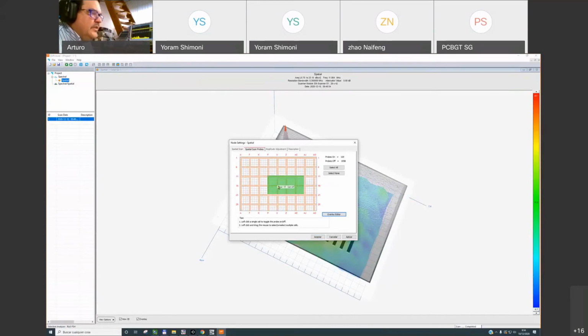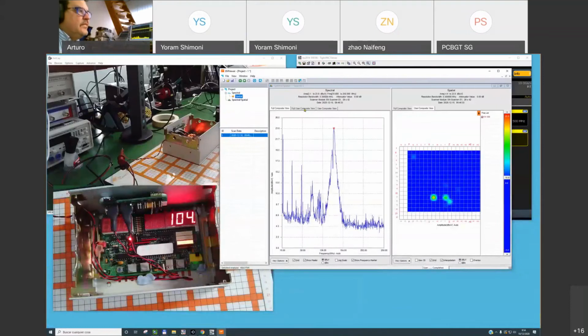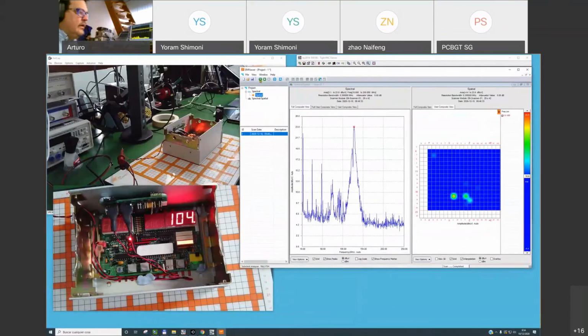I am interested in the area of the slots, so let me run the scan. Okay, so now I reduce this screen, and then you can see what happened.